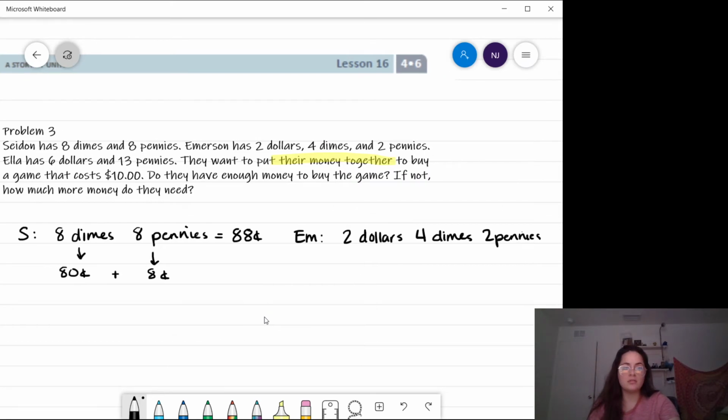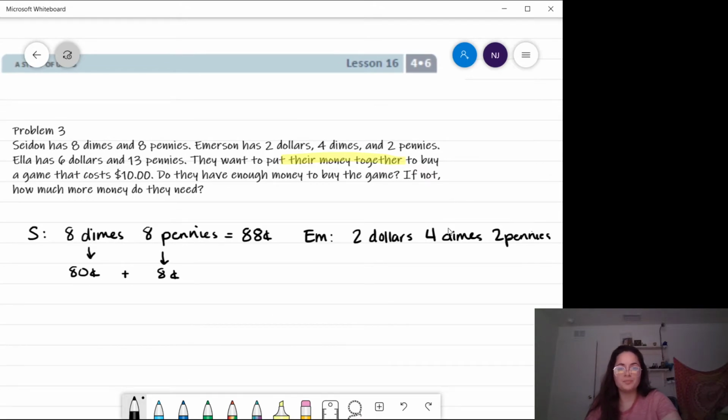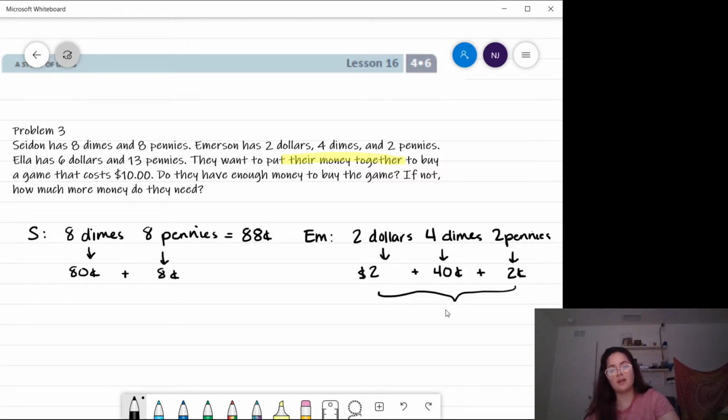So $2, that's $2. 4 dimes, that's 40 cents. 2 pennies, that's 2 cents. So all together, Emerson has $2 and 42 cents to add on to their total amount.